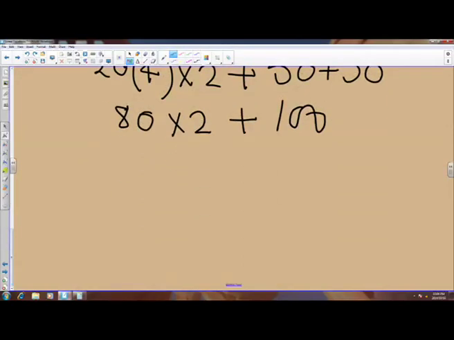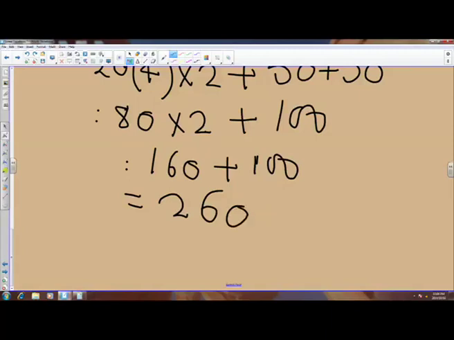80 times 2, 2 times 0 is 0, 2 times 8 is 16. So it's 160 plus 100. 160 plus 100 gives us 260.